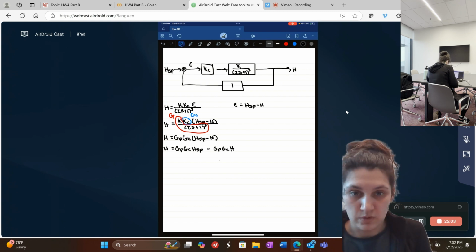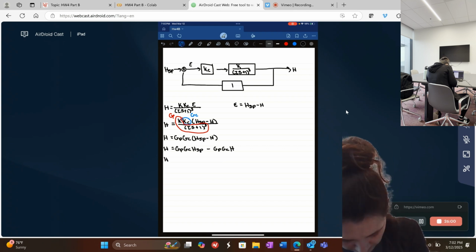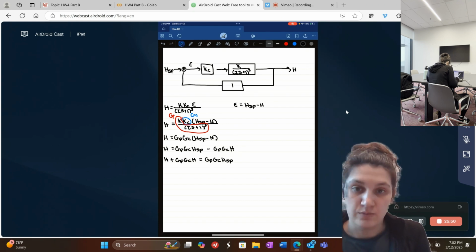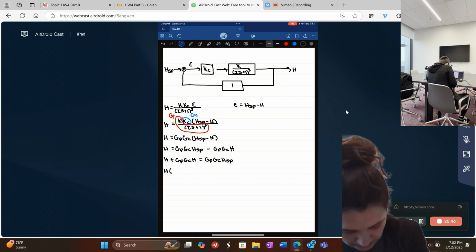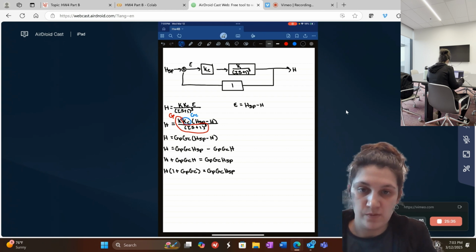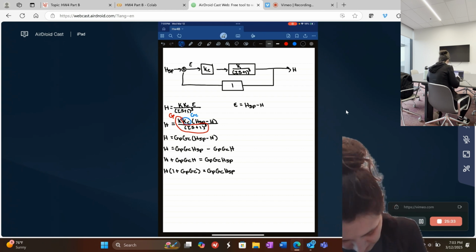And we're going to move that over to the left-hand side. So we know that H plus Gp, Gc times H is equal to Gp, Gc times our set point. We can factor out H on the left-hand side. So we end up with H times (1 plus Gp, Gc) is equal to Gp, Gc times our set point, and then divide both sides by 1 plus Gp, Gc.